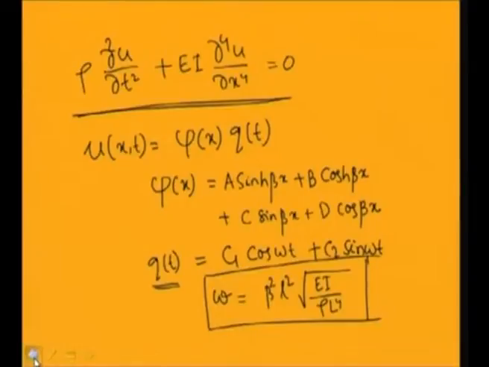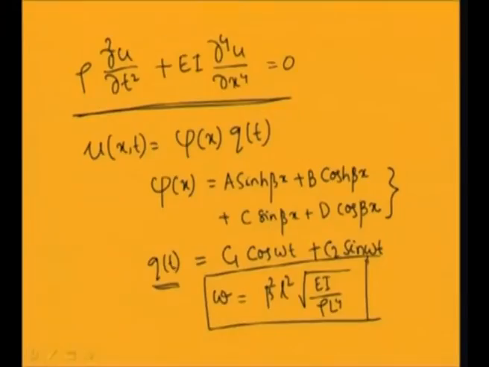The mode shape can be written in this form, and we have obtained that the constants A, B and D are 0, and only the remaining expression for psi x in case of the simply supported beam remains.